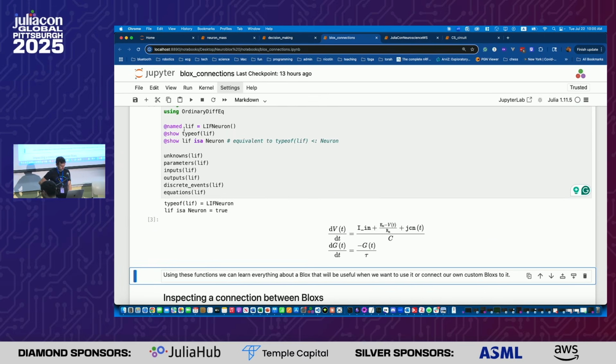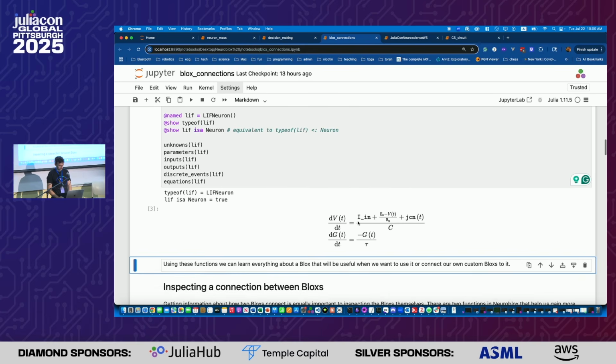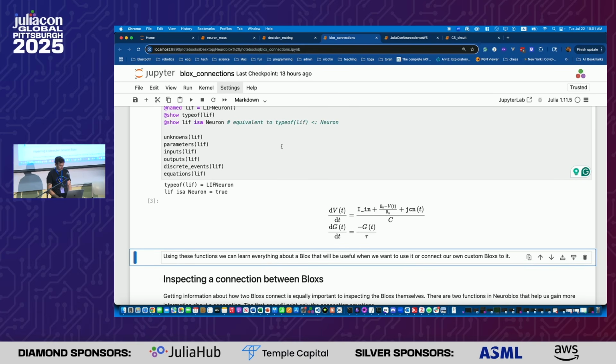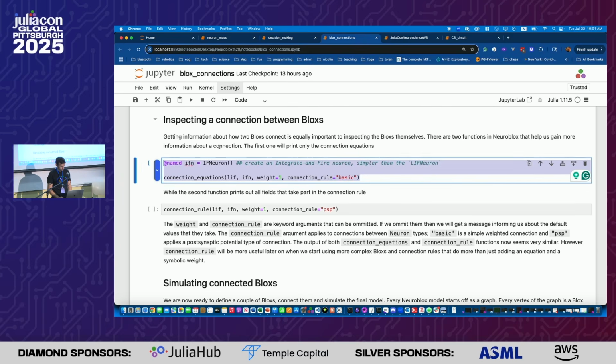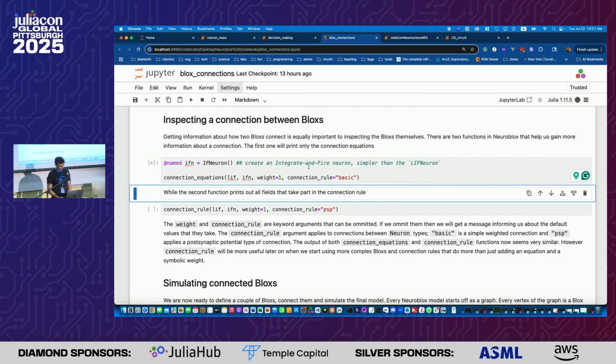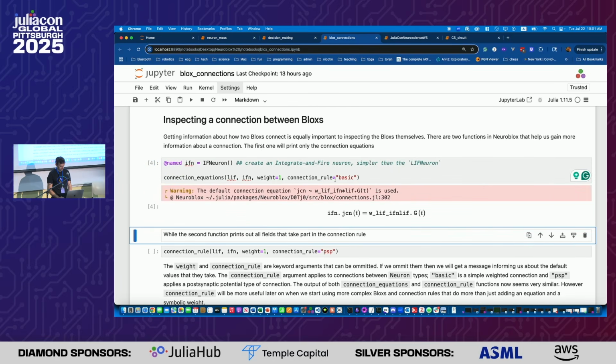Here we get the equations pre-printed out. Since they're symbolic, they automatically print out the LaTeX representation. Then we can look at the connection rules. Here we create an integrate and fire neuron, which is a bit simpler than the LIF neuron, and we can look at the connection equations.